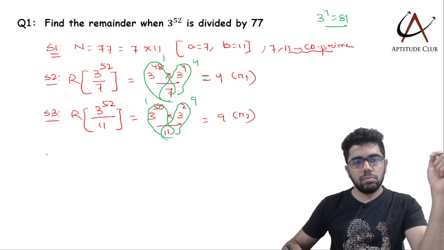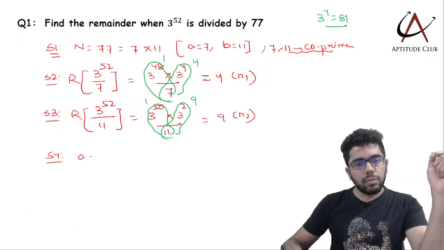This is R2. Then step 4, we have to figure out ax plus by is equal to 1.